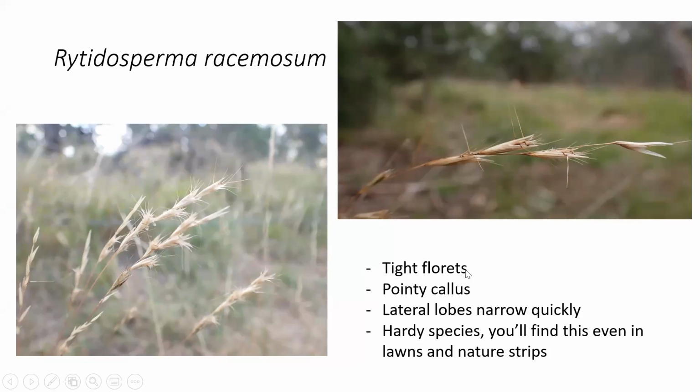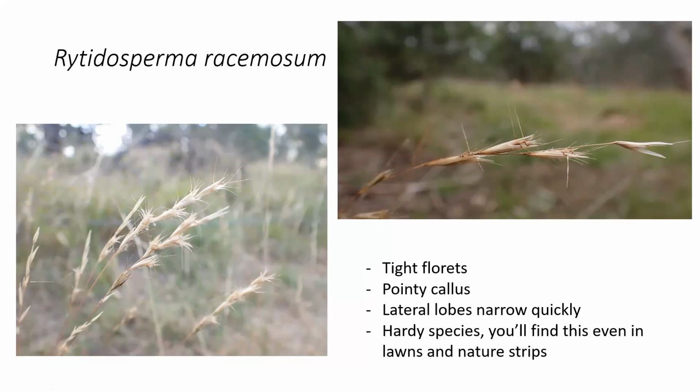This species has very tight florets, so they're not spreading out everywhere like some Rytidospermas will. They're very tight. It's got the pointy callus. The lateral lobes narrow very quickly, and this species is very widespread across Melbourne.